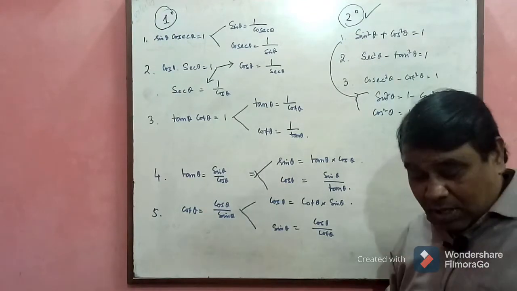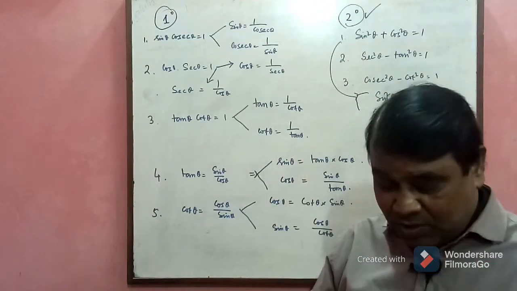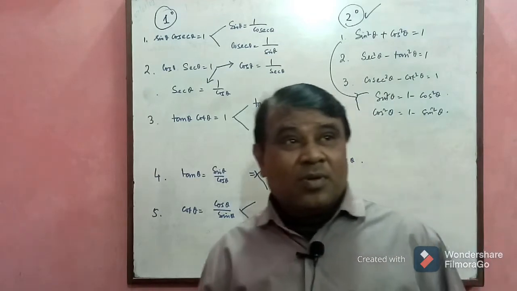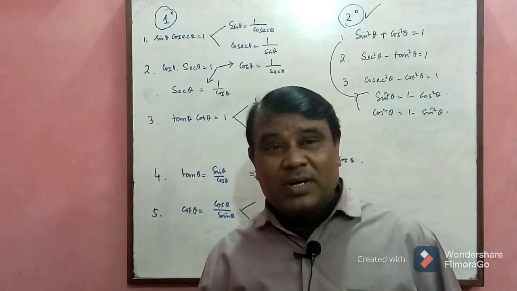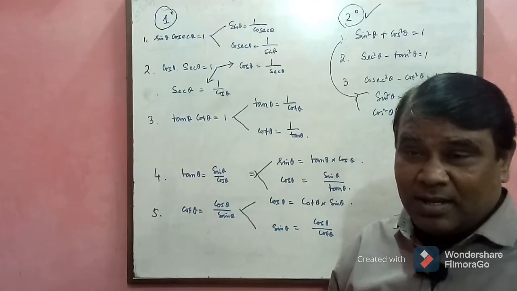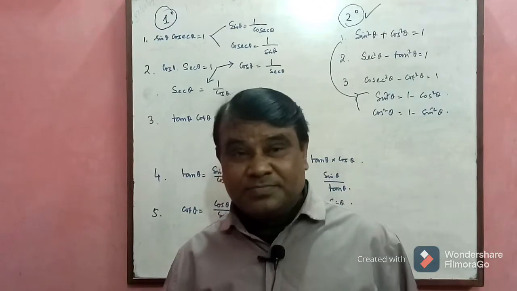Now I will tell you why trigonometry is easy, because these angle measurements of trigonometry are nothing but the ratio between the 2 sides of a right angle triangle, and the Pythagoras theorem is valid.